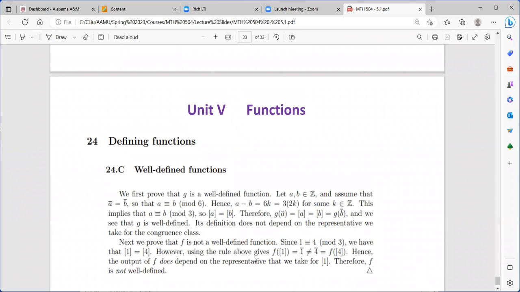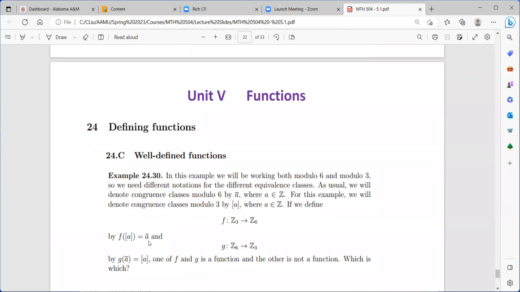If we use the rule F of bracket A equals A bar, then F of bracket 1 equals 1 bar, and if you use the rule for 4, then F of bracket 4 equals 4 bar. But bracket 1 and bracket 4 are in the same class modulo 3, but they're not in the same class modulo 6. So 1 bar and 4 bar are different, but bracket 1 and bracket 4 are the same.